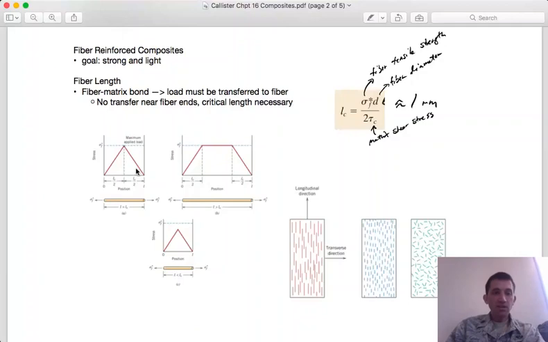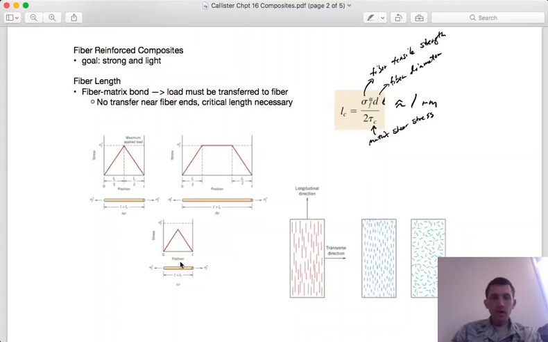As is shown in this diagram, near the ends of a fiber you have the stress increasing as there is more surface area for the bond to develop, and so there's a minimum length necessary to fully develop that bonding.